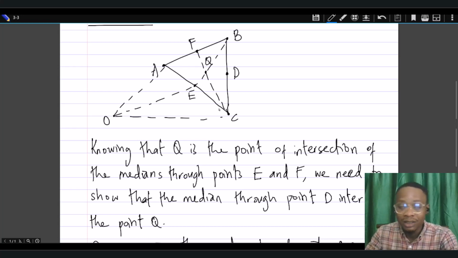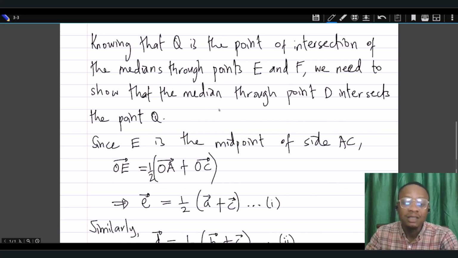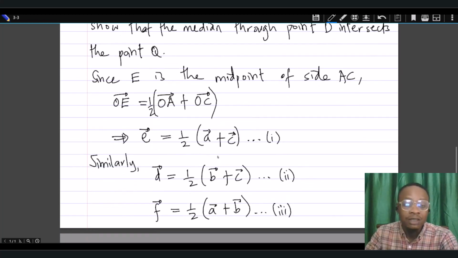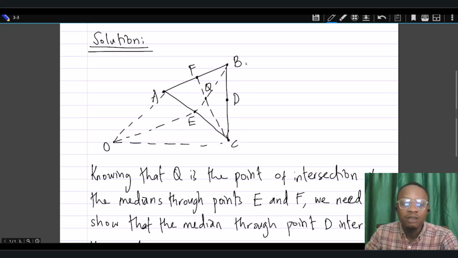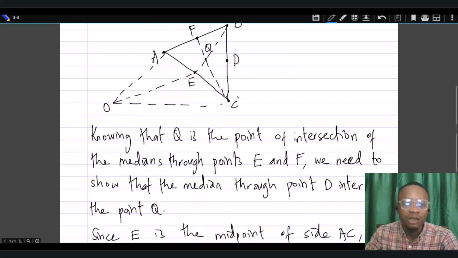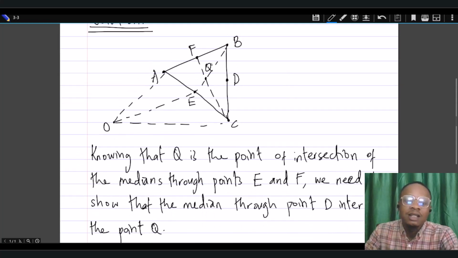There are three facts that we have established, and we have written out their mathematical implications: E is the midpoint of AC, D is the midpoint of BC, and F is the midpoint of AB. The next thing is that Q is the point of intersection of CF and BE. We need to write out its mathematical implication as well before we can proceed.